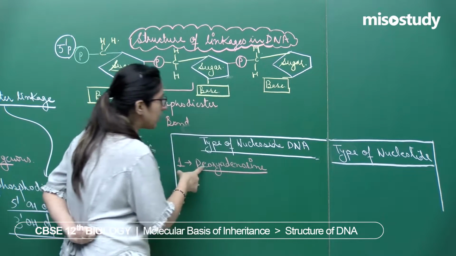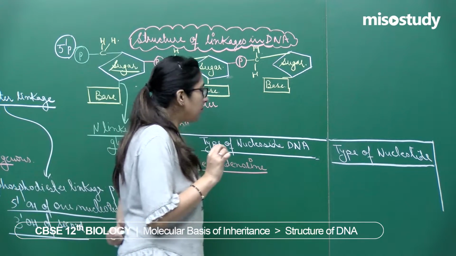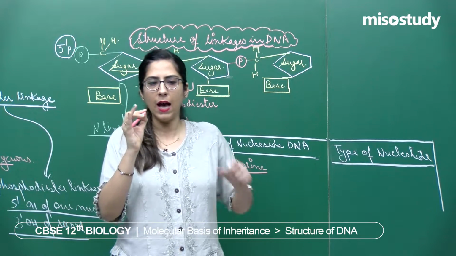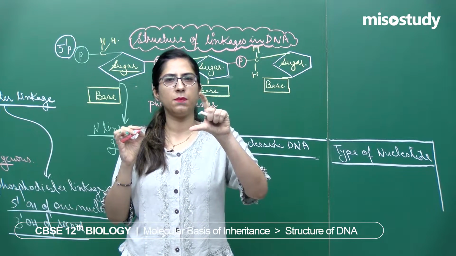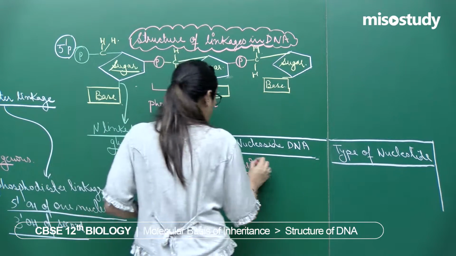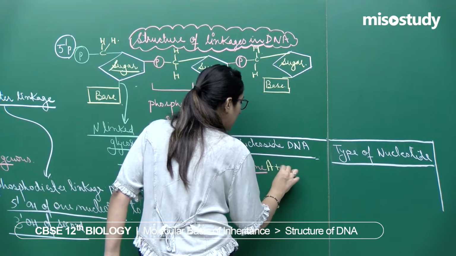That means deoxy is there, that means we are talking about DNA only. That means adenosine is that condition in which we have one nitrogenous base present, and that is present along with a sugar. That means here we have one adenine, and that adenine is present along with a sugar.